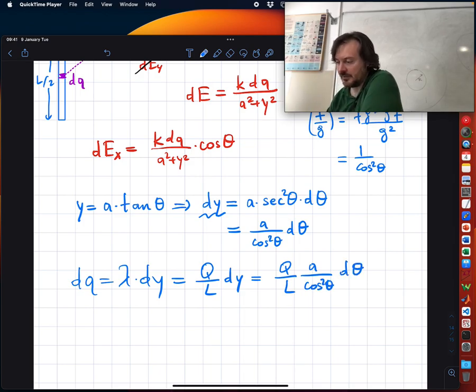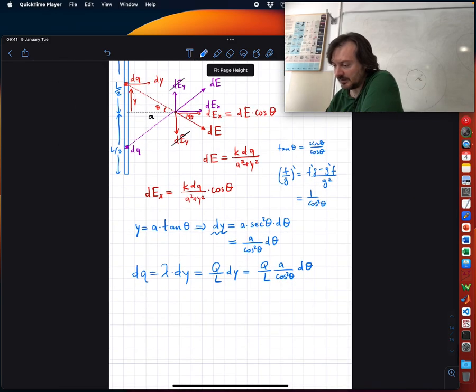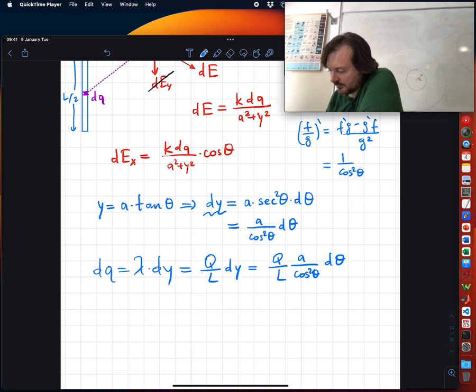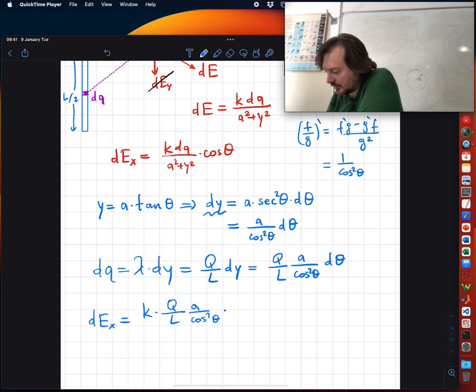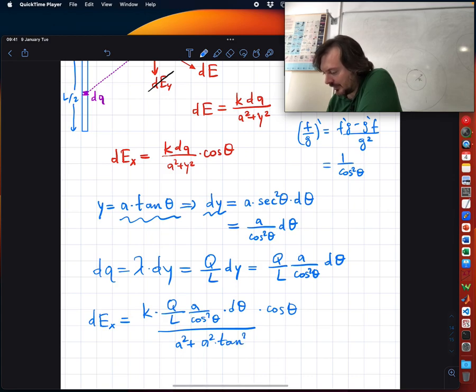I am aware of it. I will go slower next time again. So I have dEx equals k times q over L, a over cosine squared theta d theta, times cosine theta over a squared plus, let me just use this one right away, a squared times tangent squared theta.